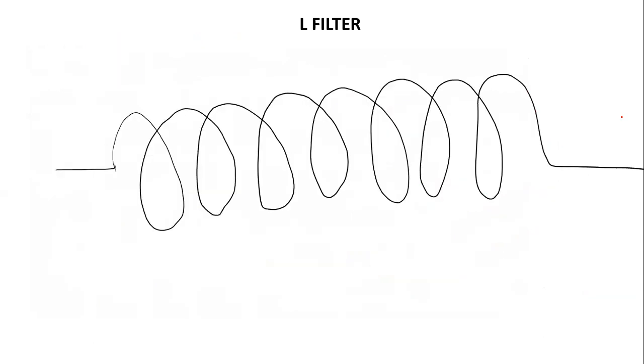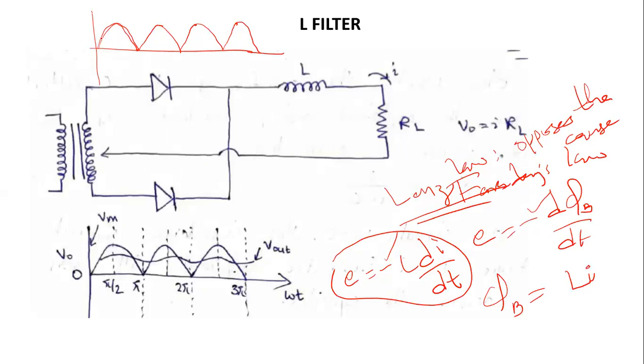Now here, if you have a rising voltage like this, you will have a corresponding increase in current, isn't it? So when your voltage increases like this, the corresponding current also increases.